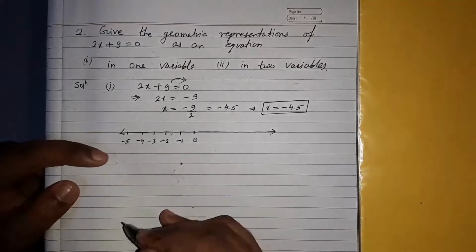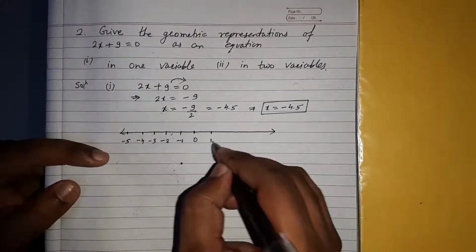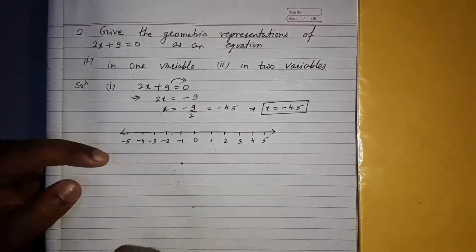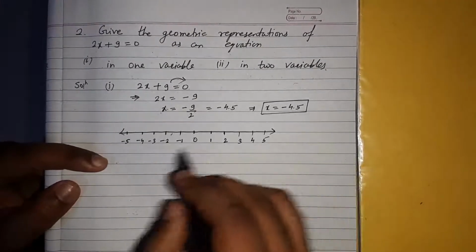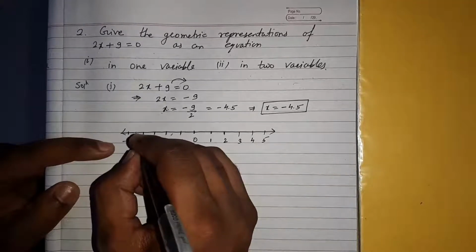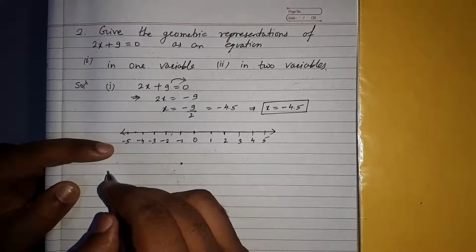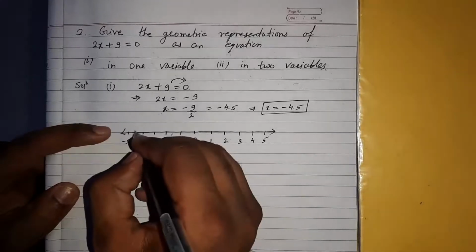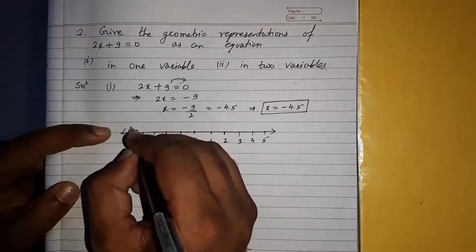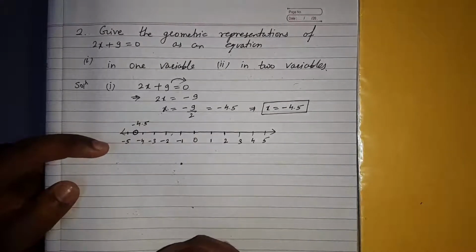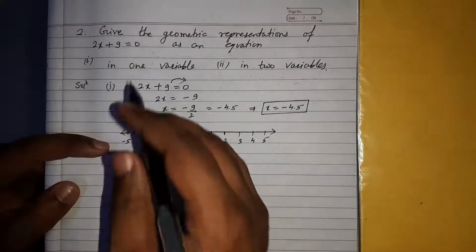And on the right side positive numbers 1, 2, 3, 4 and 5. So negative 4.5 lies at the midpoint between minus 4 and minus 5. So this is the geometric representation of the linear equation in one variable.